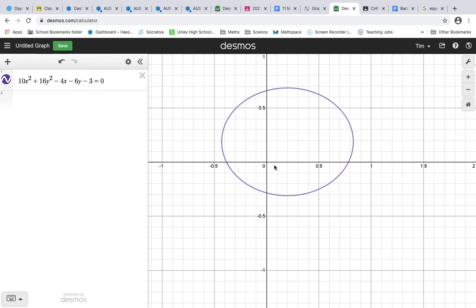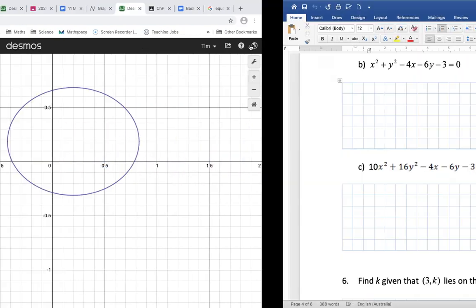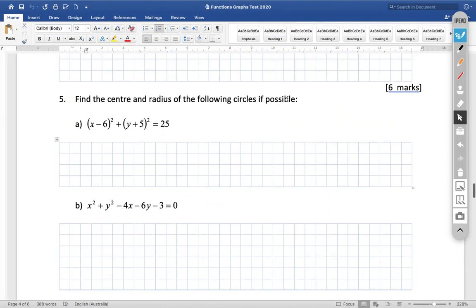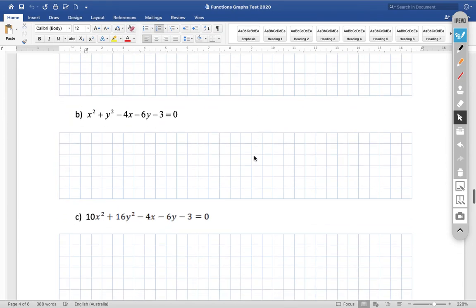Forget about worrying where its center is. These things actually have two focal points, because you've got a long axis, and major and minor axes, long and short. So that one, I think they kind of gave you a clue here: if possible. There was one that wasn't.